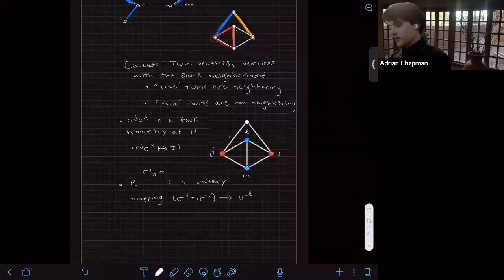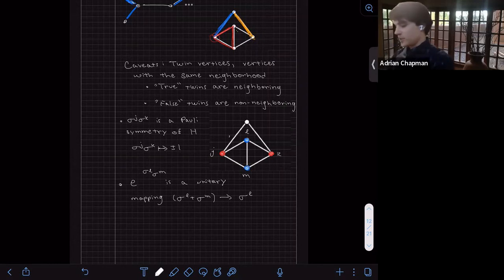I just find whatever angle I need to rotate sigma L plus sigma M, some linear combination of them, into one or the other of the two. This gives me a basis by which I can remove one of them. And if I can remove one of them, then this graph is now a line graph.